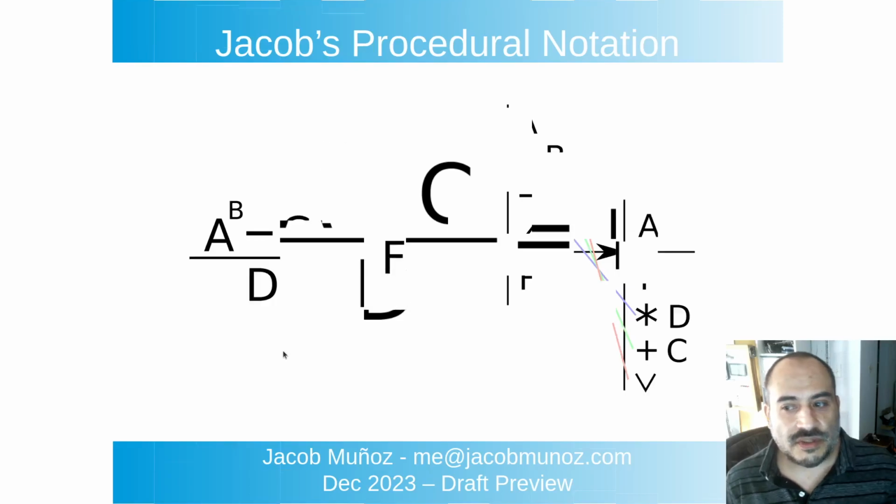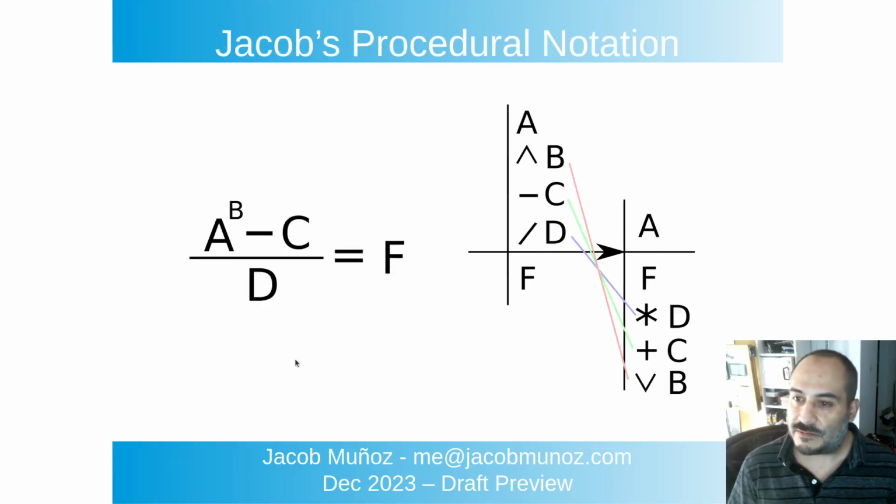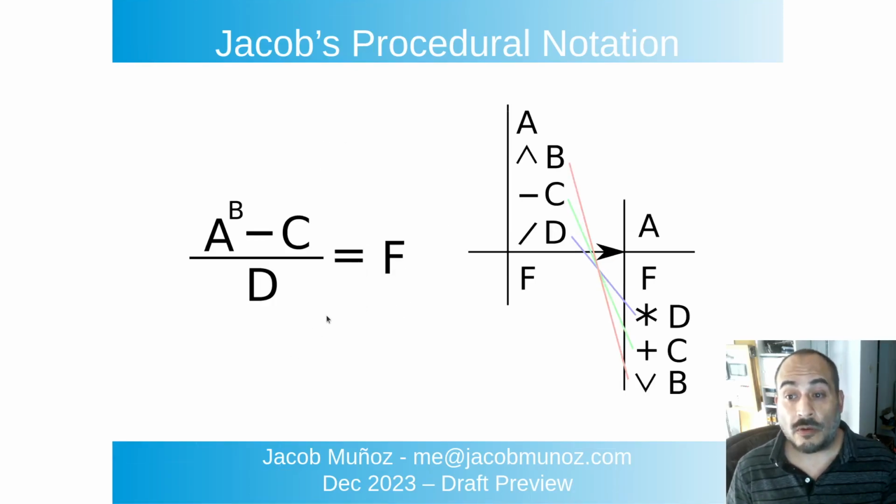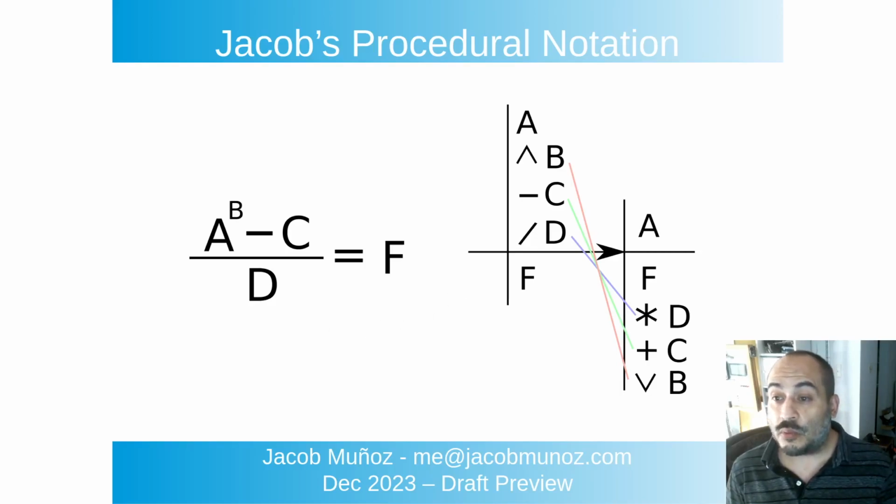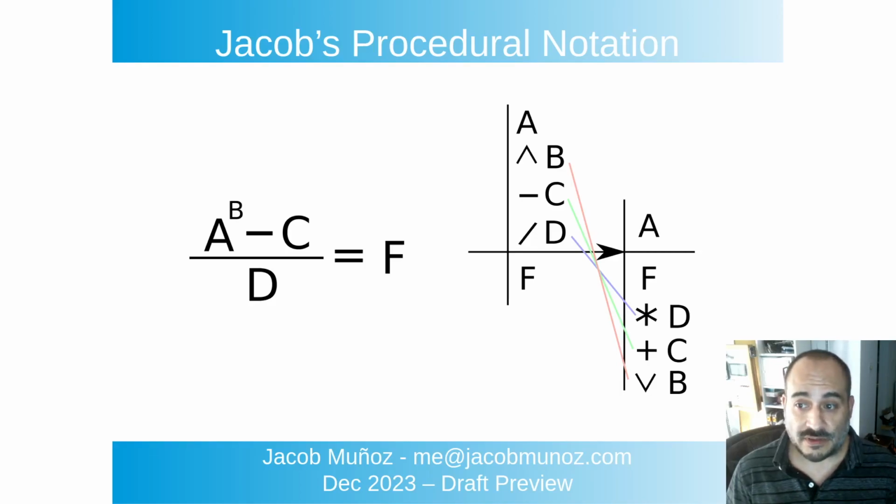But in procedural notation, time is a dimension. And so we can show all work by simply displaying which component becomes which other matching component on the other side. We're flipping our operations as they cross the equal sign. And here I have solved for A in one step, showing all work.